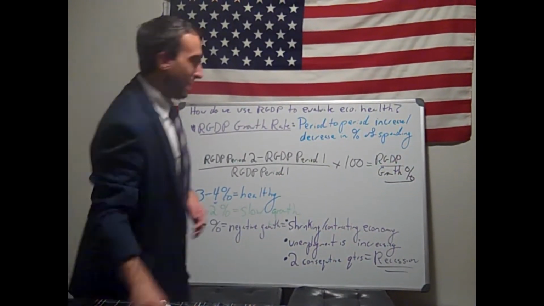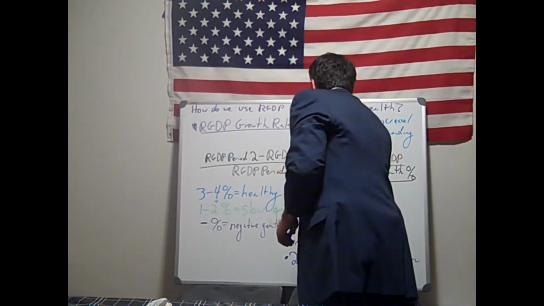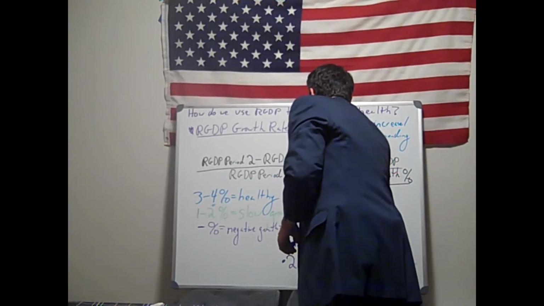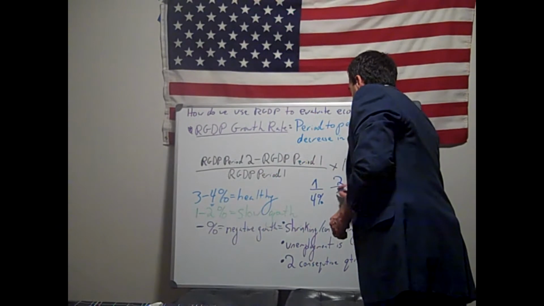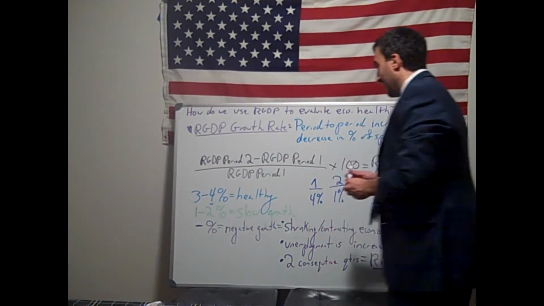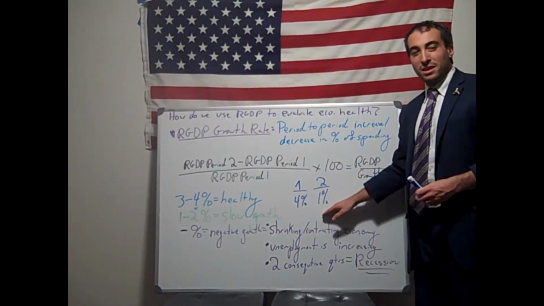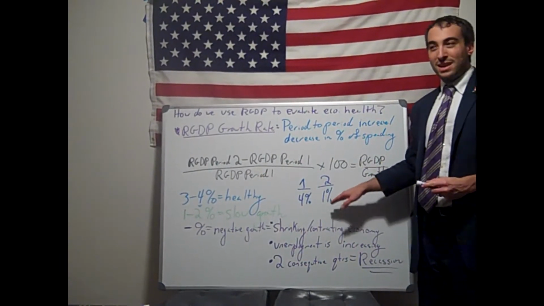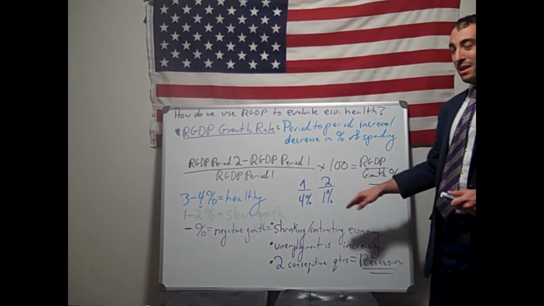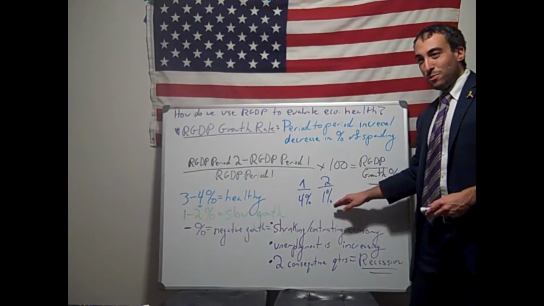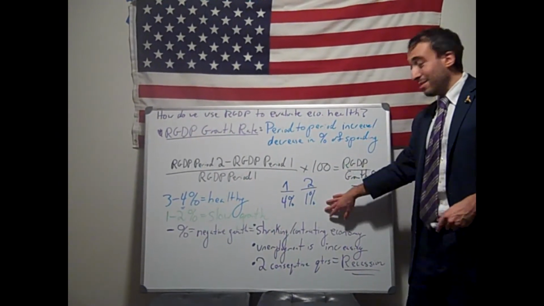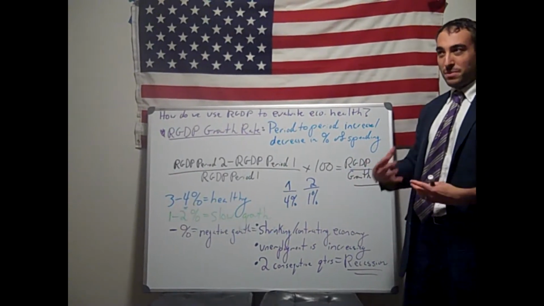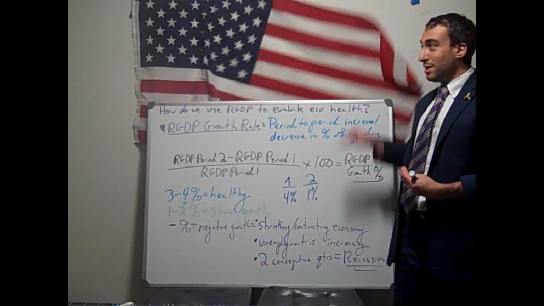So let's say if quarter 1 it's 4% growth, quarter 2 it's 1% growth. This is not negative. It was not a negative 3%. This means that we grew at a rate 1% greater than the previous quarter. So it's slowing down. That's not good, because something's probably wrong with the economy.